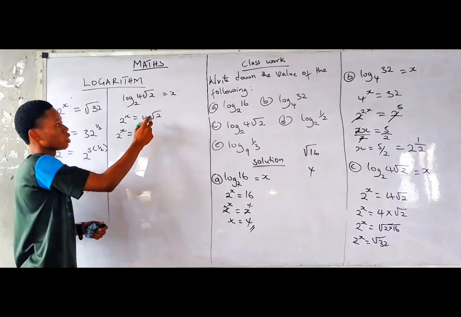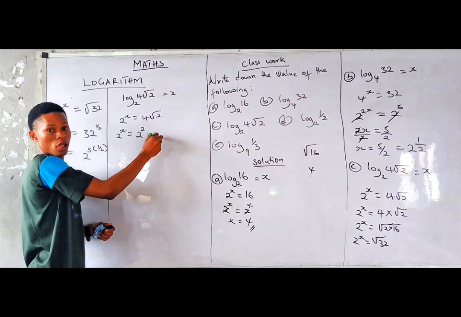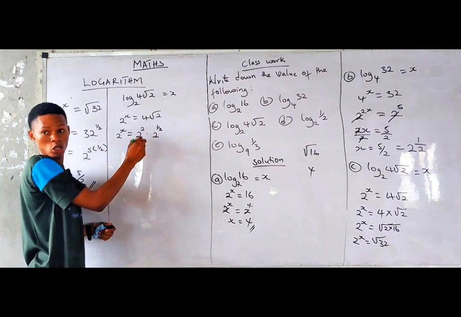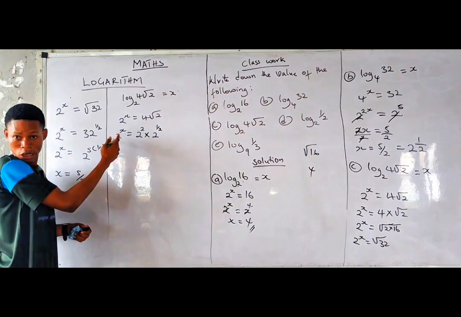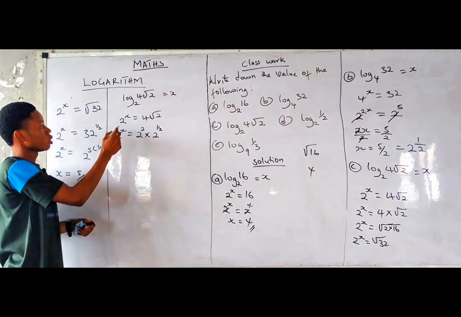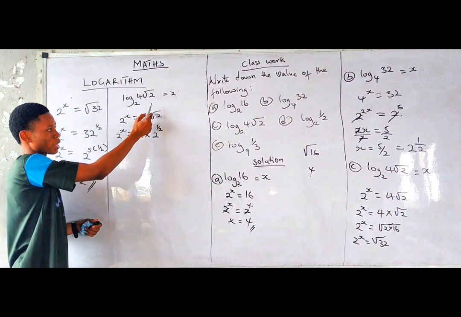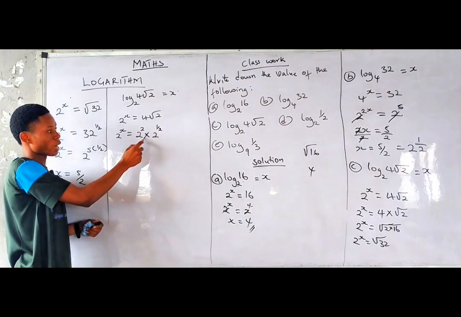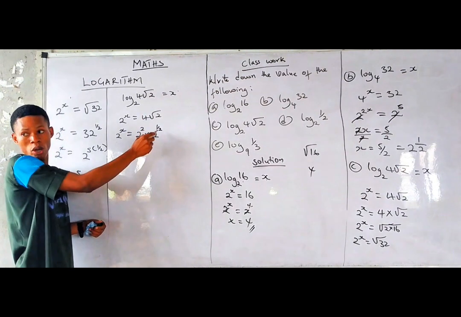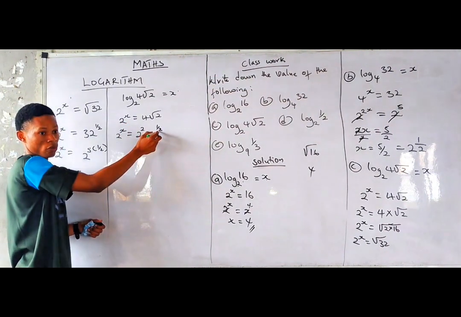Root 2 is the same thing as 2 raised to power what? Half, right? Is it not? This is times. So do you get what I did here? 2 raised to power x. 4 is the same thing as, there is a times separating these two. So this 2 raised to power 2 will give me this 4 times. To remove square root is the same thing as raised to power half. So I have 2 raised to power half.